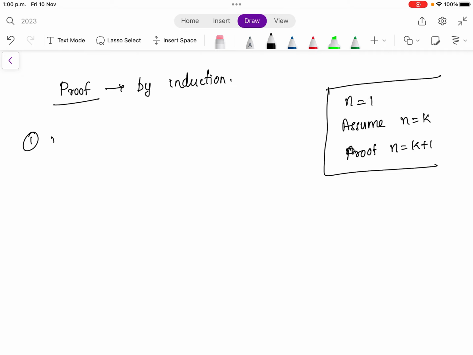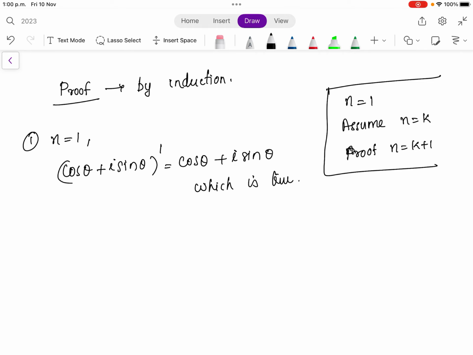So the first step is n is equal to 1. For n is equal to 1, we can say that (cos theta plus i sin theta) to the power of 1 is equal to cos theta plus i sin theta, which is true.